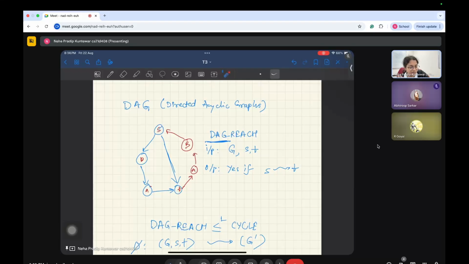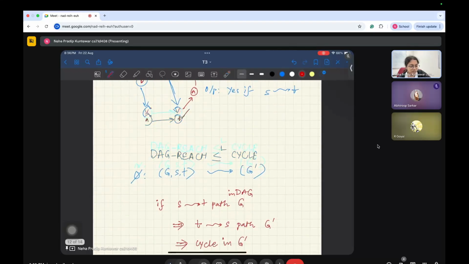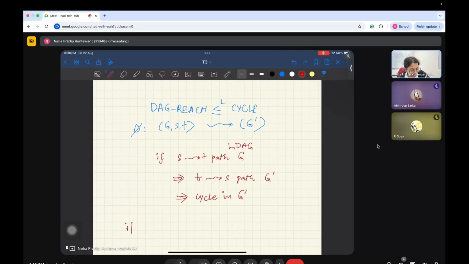Now let's analyze what happens in the other direction. If, let's say, the S to T path does not exist, or you can assume the other way around, it doesn't matter.